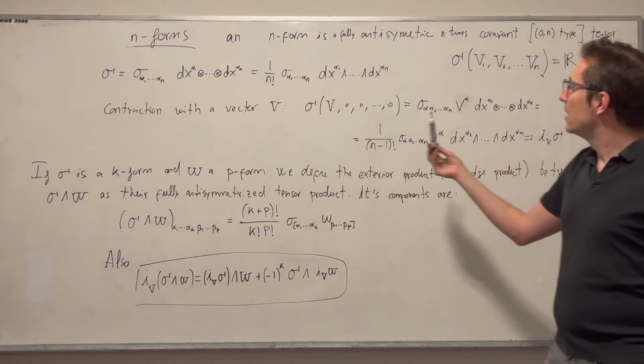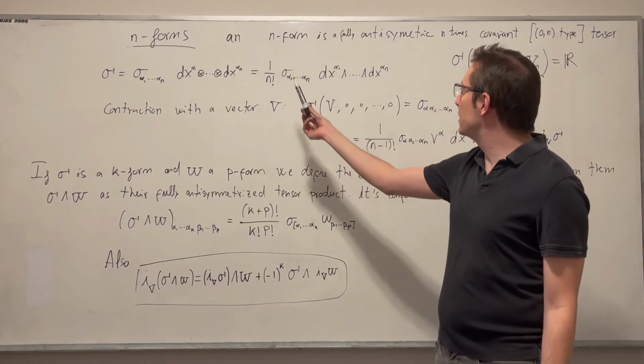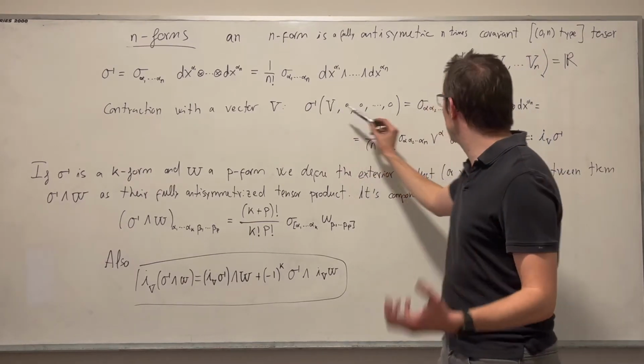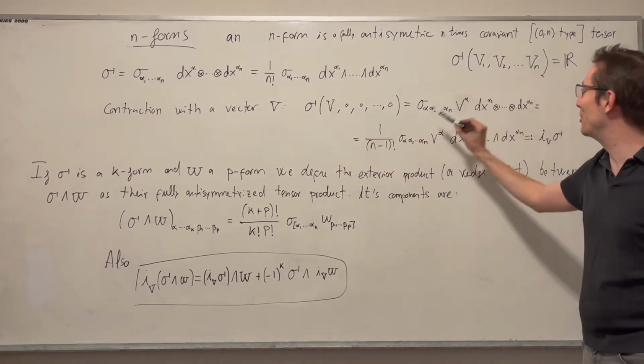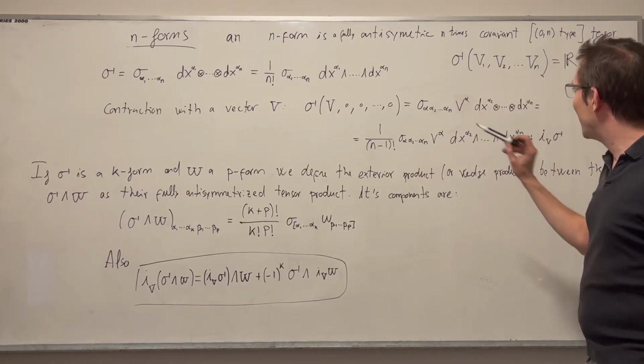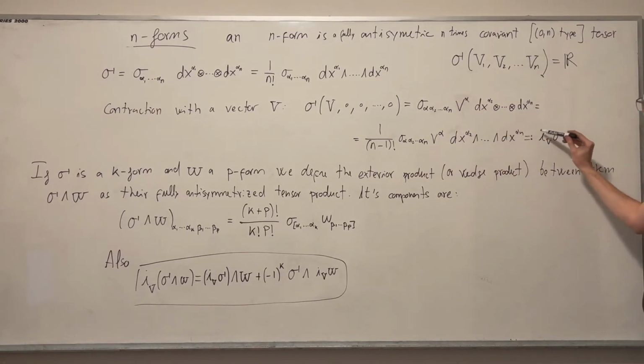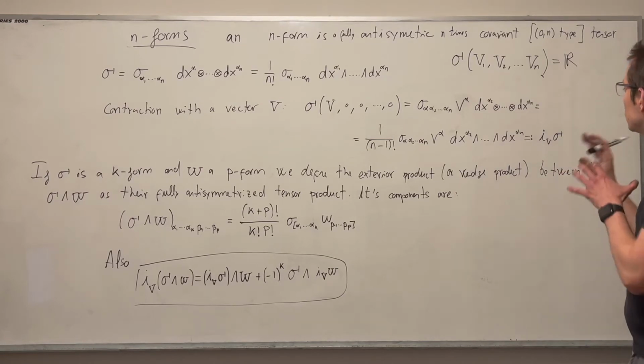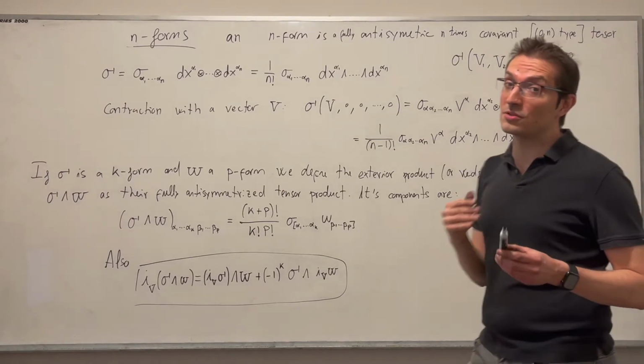Let me first, before talking about the exterior product, use a shorthand notation for the contraction. Remember, the contraction of an n form with a vector v is, well, take v as the first argument, so apply to one vector, contract the first index if you want with the vector v. And let me just abbreviate that operation as I sub v, where v is the vector, and then sigma. This is a common notation in differential geometry for the contraction. Not super important because in our course we're not going to use it a lot.